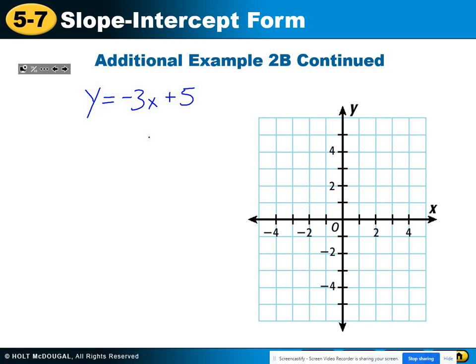Okay. So, if we think about our y equals mx plus b, Ava, do you think you can tell me where it crosses the y-intercept? No, I'm not for sure.